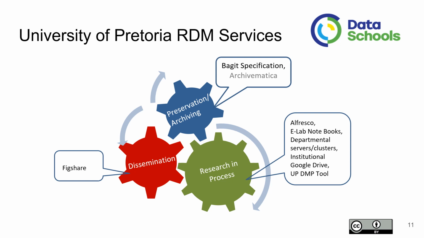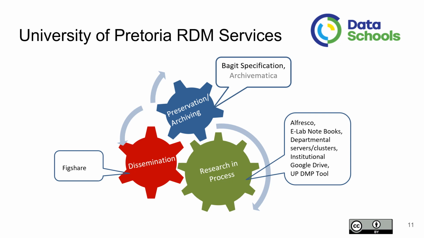At the University of Pretoria, 3 main processes have been identified. The first focuses on the research in process stage, which is covered by systems such as Alfresco, e-lab notebooks, departmental servers, institutional Google Drive, and the UP DMP tool, which will be rolled out in June this year.